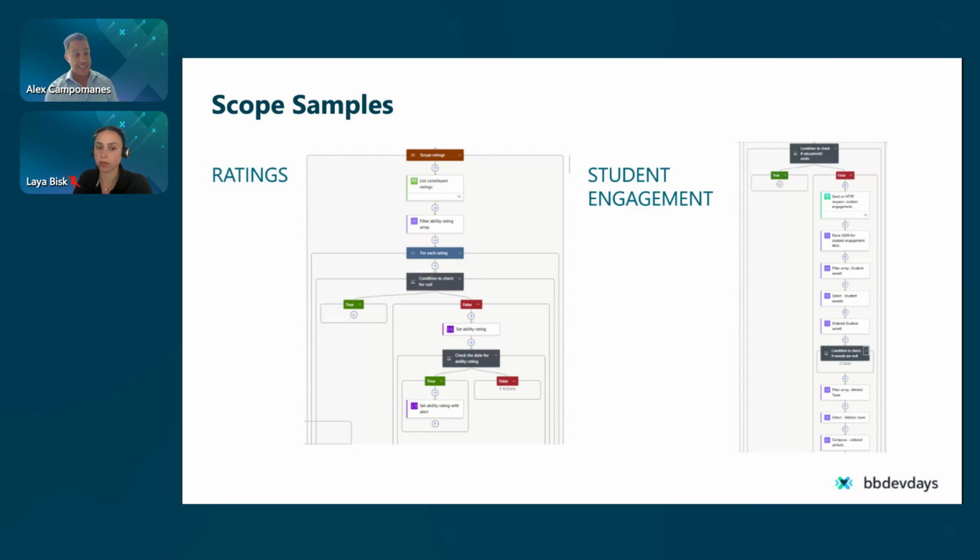So in terms of student engagement, it runs another API query, which is an HTTP request for student engagement. And this one will actually go through multiple engagements, and it will store it in an array variable instead of an ordinary variable.